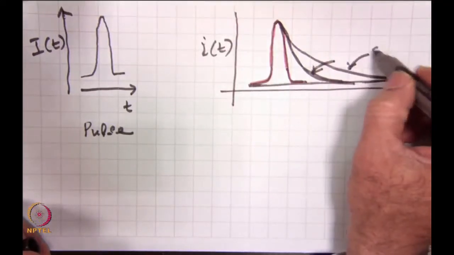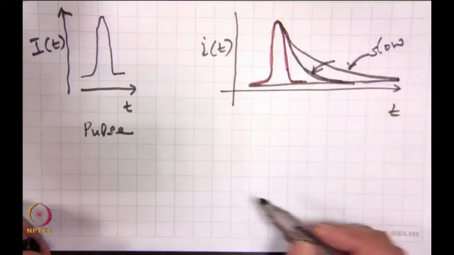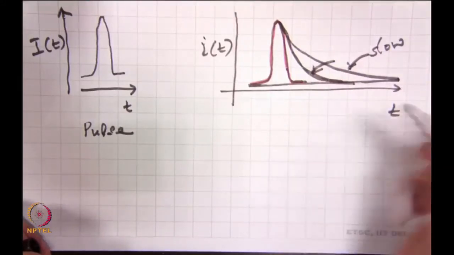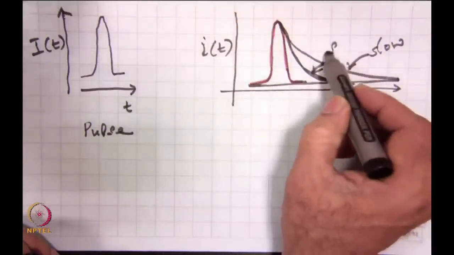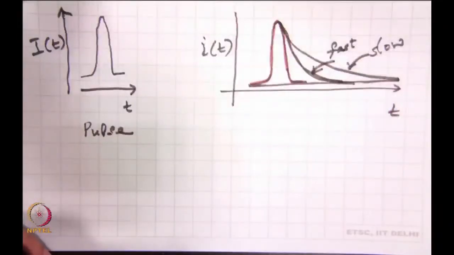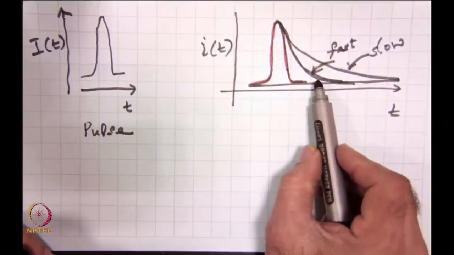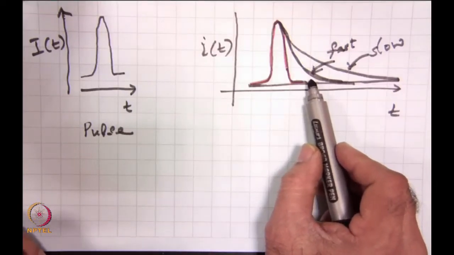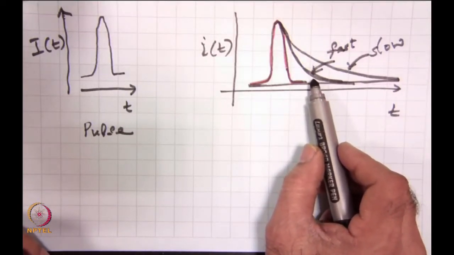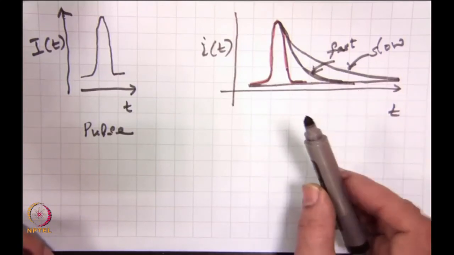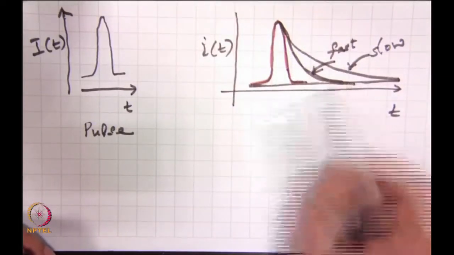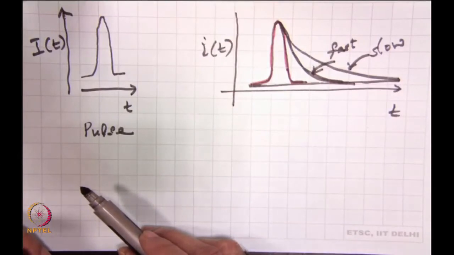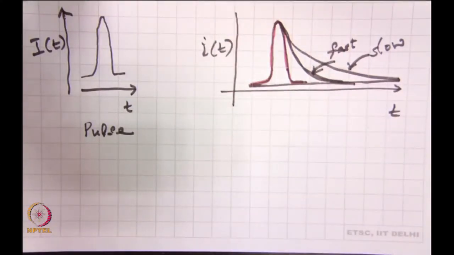So, this is slow, which means the avalanche process takes longer time to quench or to stop, whereas in this case it is faster. So, the reach through APD ensures that the avalanche process is primarily due to electrons, and electron mobility is much higher, and therefore, the current drops down rapidly and the device becomes faster. This is what I was referring to with the fast and slow detector.